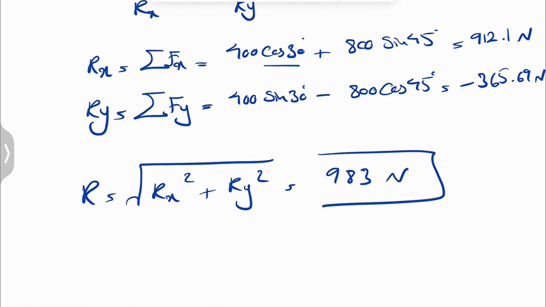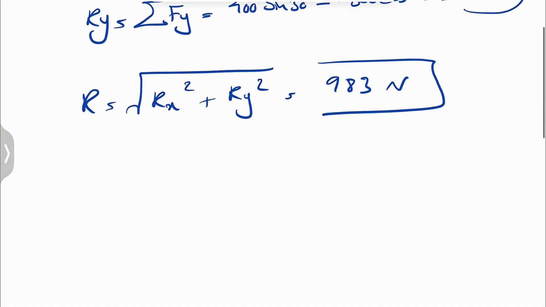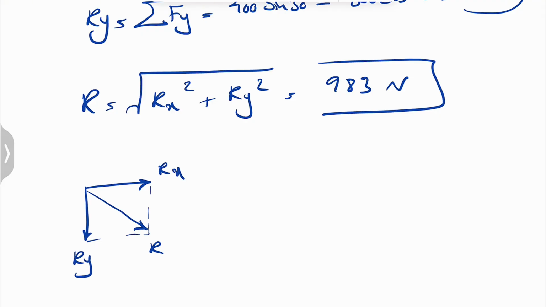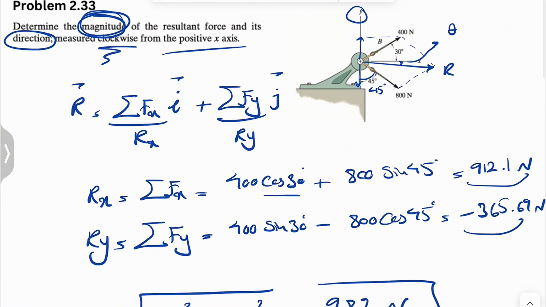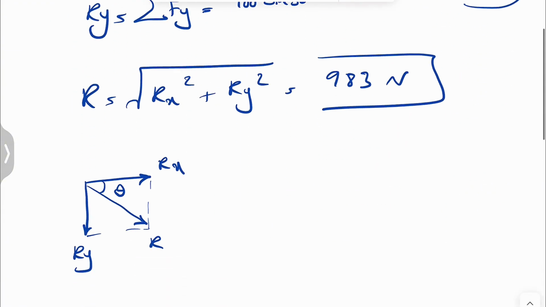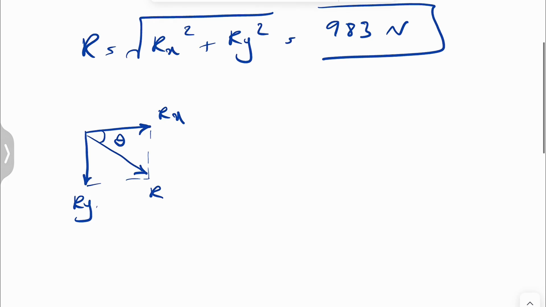And if we look at the components that we have for Rx and Ry, Rx is positive, so we'll be in this direction, and Ry is negative. So the angle that we are looking for in here, that's going to be our R. So this is Rx, Ry. It's going to be this angle, which we called theta at the beginning. So this angle. And you don't need to be worried about the negative in here.